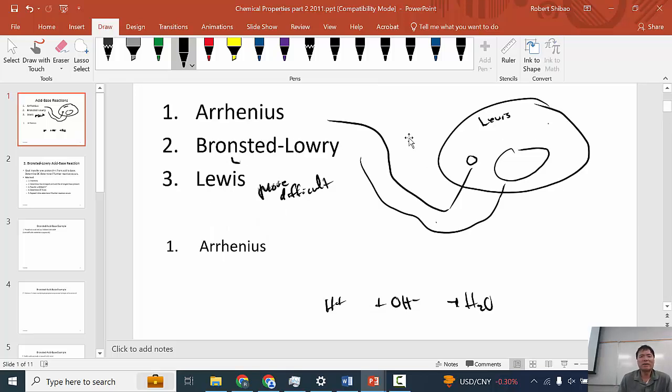Bronsted acids and bases are a proton donor and proton acceptor. And so we just look at the H plus.